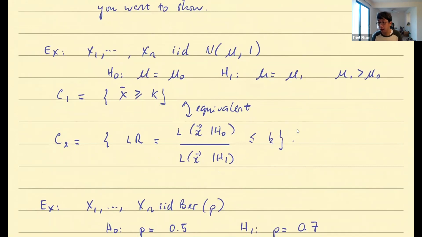Fine. Do you see any other practical reason that we want to work with C1 rather than C2? A practical reason, not an aesthetic reason.